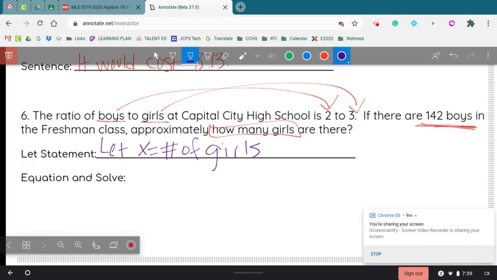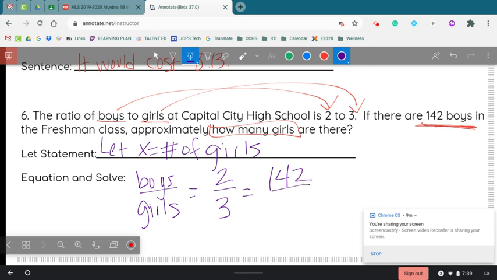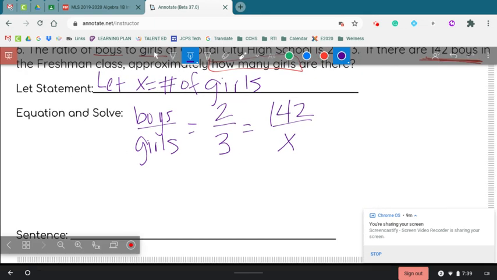I'm going to have boys over girls. You could do it opposite and still get the same thing. So I have 2 boys to 3 girls. And I know I have 142 boys. I have to figure out how many girls.